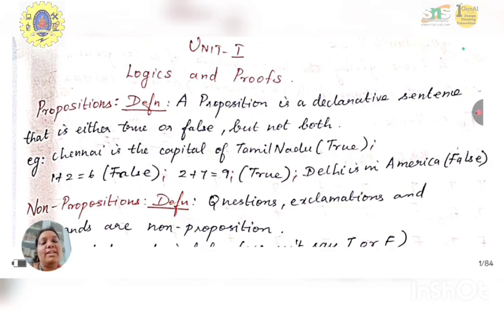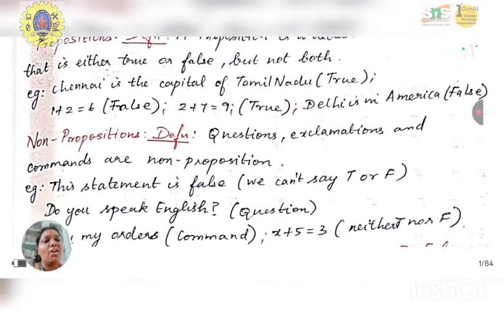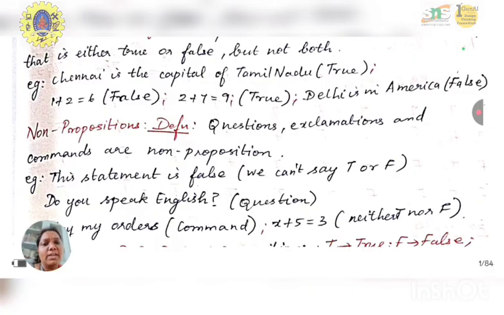In that condition it's not a proposition, it belongs to the non-proposition condition. The non-proposition definition is that questions, exclamations and commands are called non-propositions. We can't say true or false, so it leads to a non-proposition.